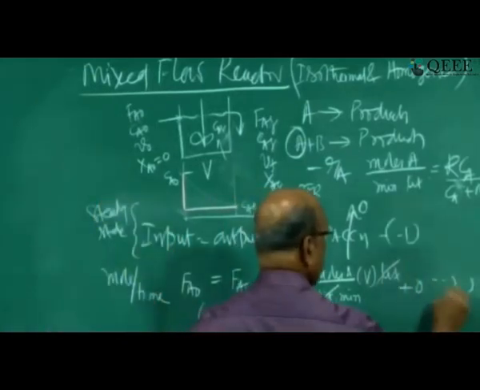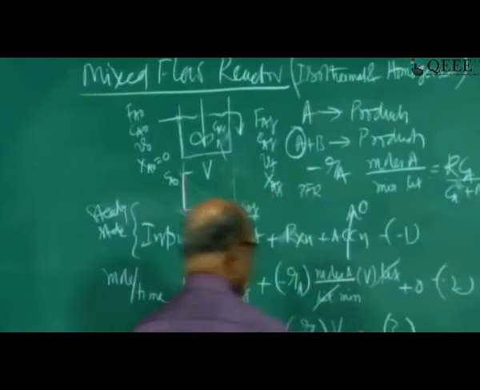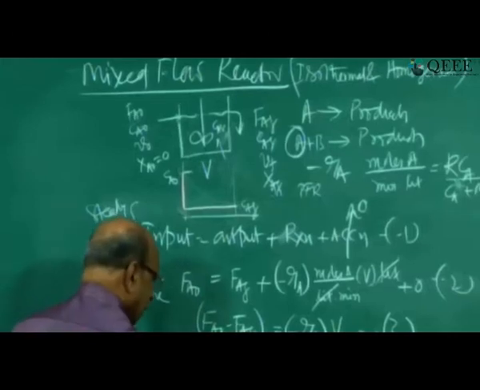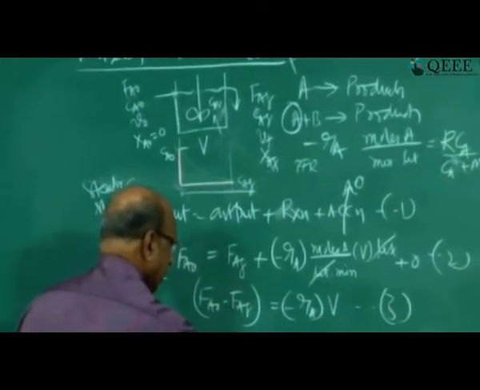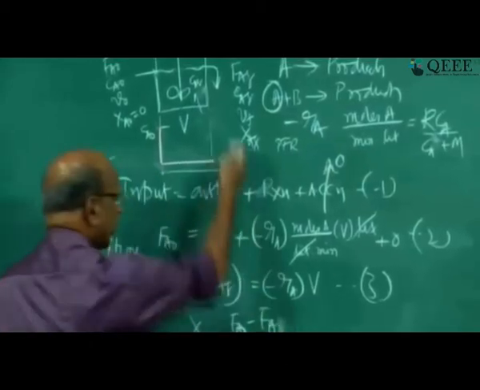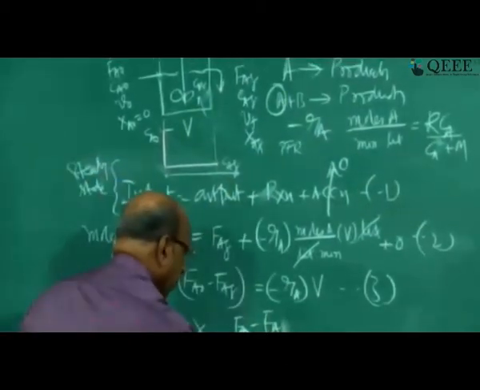And as I told you again, for flow systems, conversion is defined as XA equals (FA0 minus FAF) by FA0, or FA in general. If you give a condition FAF, it will be FAF.